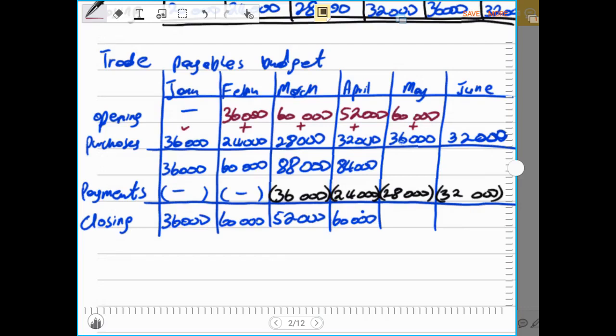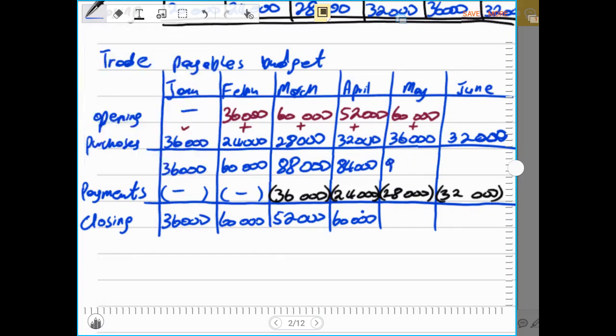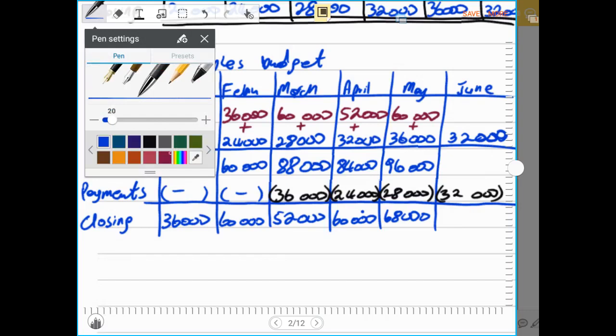Then 60,000 plus 36,000 will give us 96,000. This will be 96,000. 96,000 less 24,000 less 28,000 will give us 68,000. And 68,000 will be an opening balance because it is the closing balance.